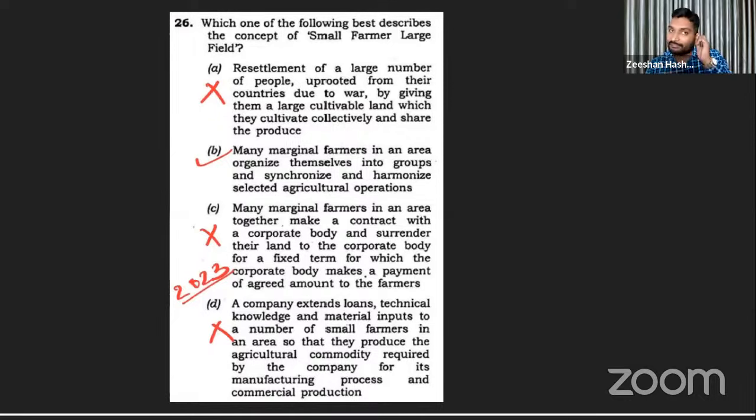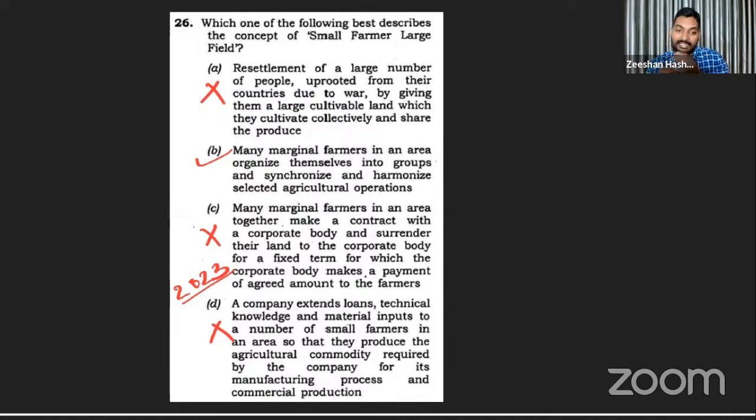Wordplay is such a framing of the question where you can derive the correct answer even if you have no idea about the question, based on the meaning that we derive out of the given keyword. Here what is the keyword? Small farmer, large field. Now let's assume that we don't know the answer.